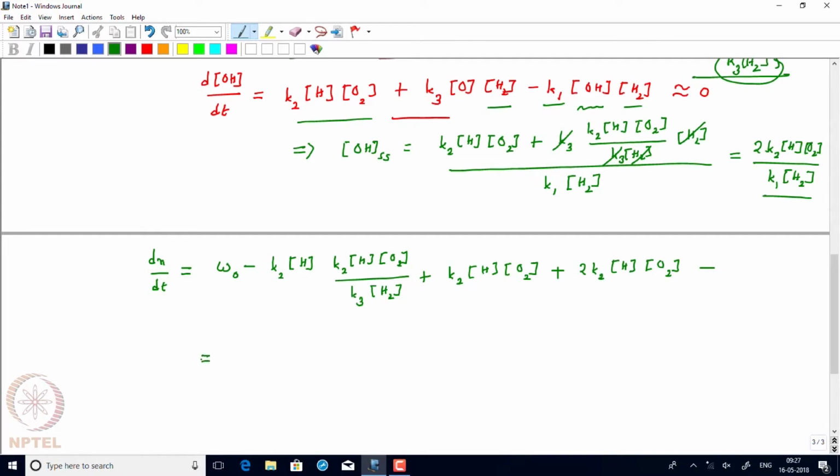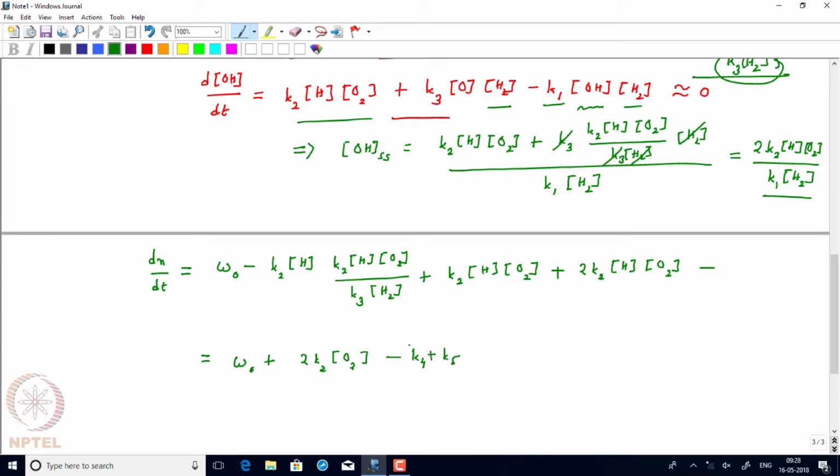So ultimately what we will get, which I am writing, is omega 0 plus twice K2O2, and then minus K4 minus K5.